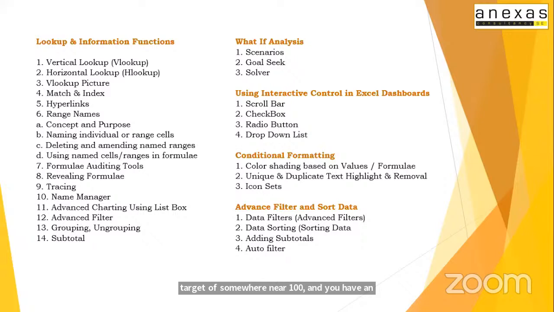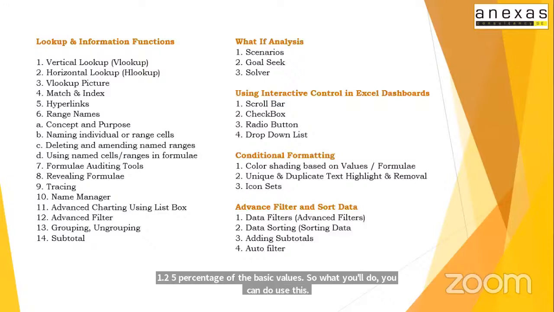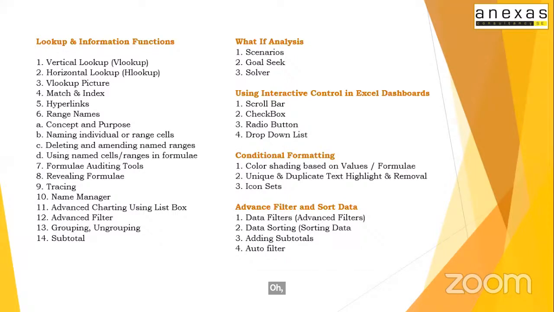If you can do 80% of it, then you get this much percentage, maybe 1.25% of the basic value. So you can use this what-if analysis and ask how much I have to do to get 50,000 this time. It would give you the answer of what percent you have to do. So all this is possible using what-if analysis.